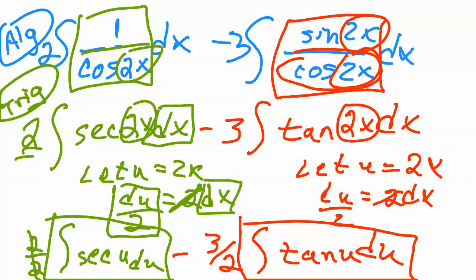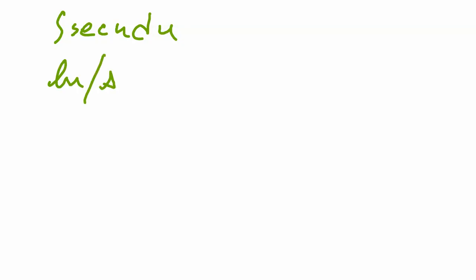So this is going to equal, let me clear that off, give us some space here. So once again, we had the integral of secant u du. By the theorem, this is going to be the natural log of the absolute value of secant u plus tangent u, right? And then plus a constant, which I'm going to wait on.